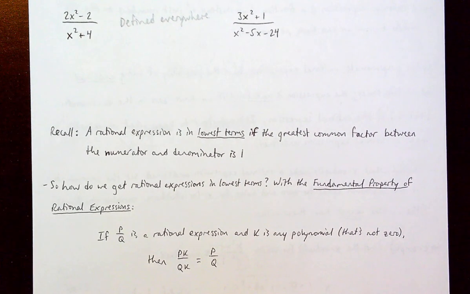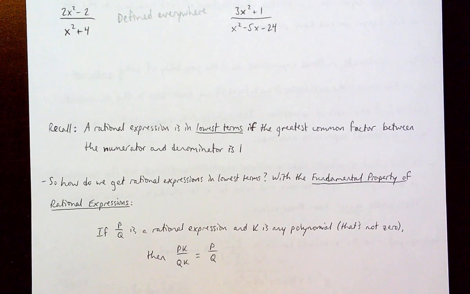So I just want to do a little bit of a recap of a term here. A rational expression is in lowest terms if the greatest common factor between the numerator and the denominator is 1. That is to say, you have fully canceled out any common factors between the bottom and the top.